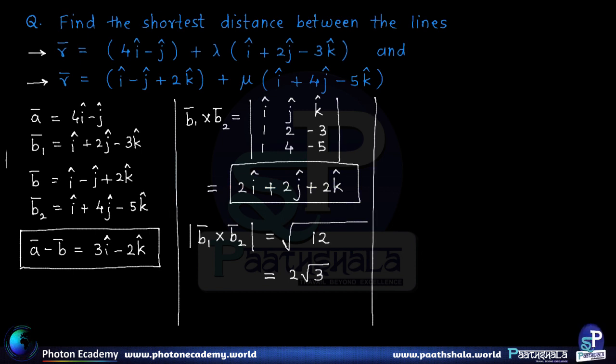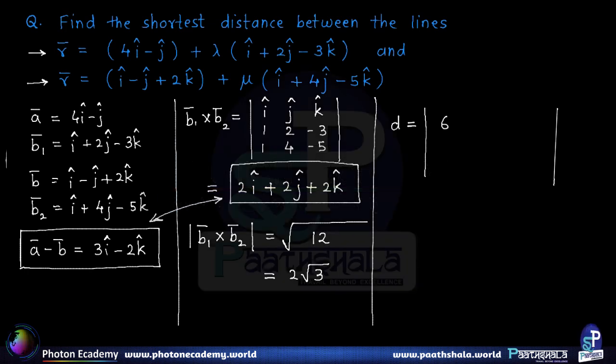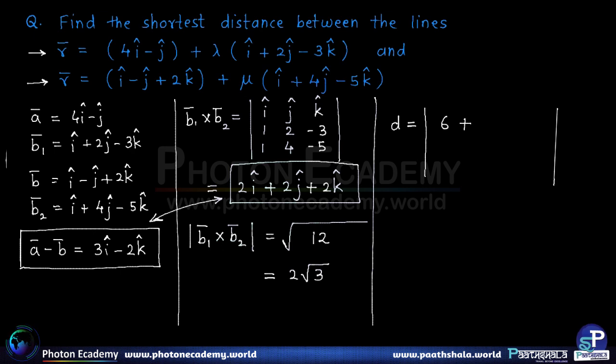And therefore the shortest distance, if you call it say D, then as per the formula we have to take the dot product of these two vectors, that is a bar minus b bar and b1 cross b2. So that turns out to be 3 into 2, that is 6. Then the product of j coefficients will be 0 because in the first vector the j cap part is missing, and the product of k cap will be 2 into minus 2, so that is minus 4.